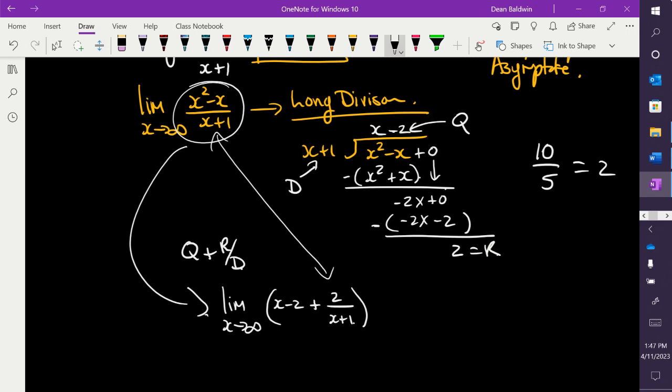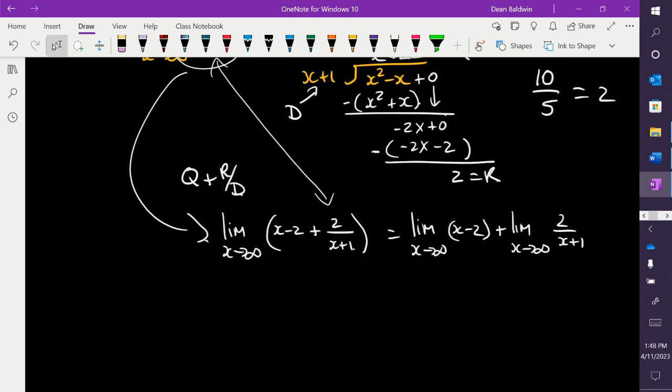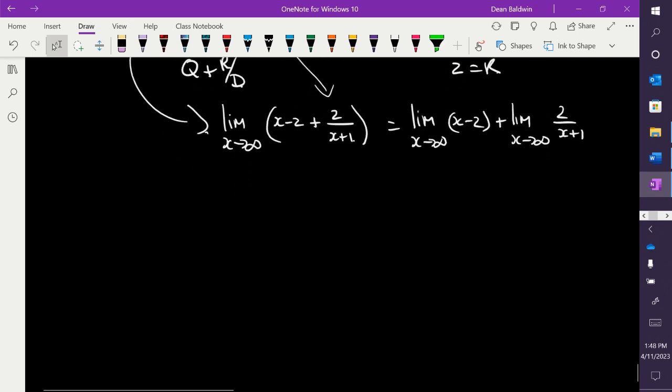Now, if I put infinity in, I'm going to write it like this. Don't worry, this is the only time I'm going to show you all this, okay? So I can break that limit up, because we can break limits up.